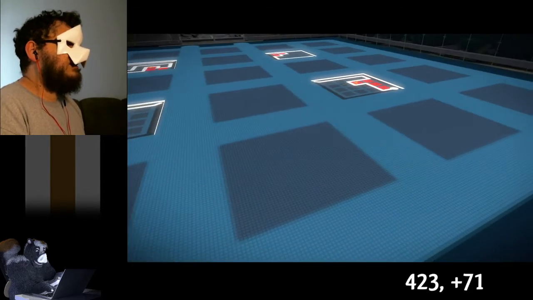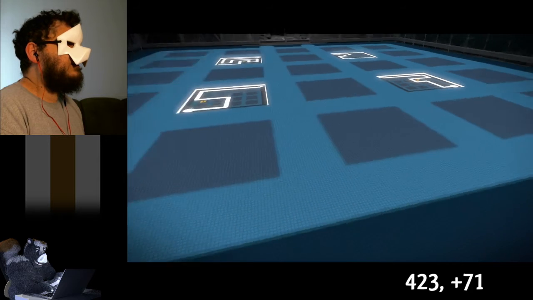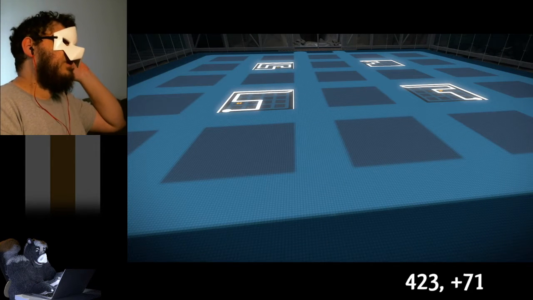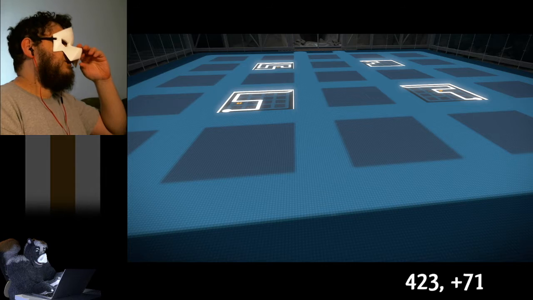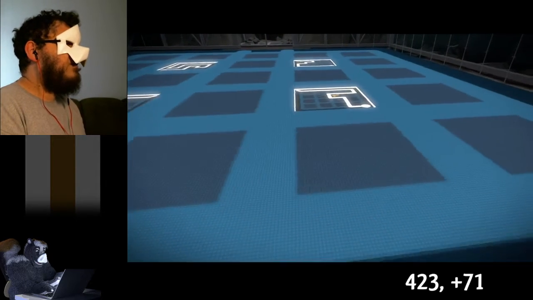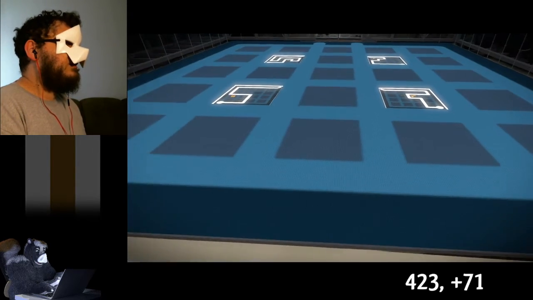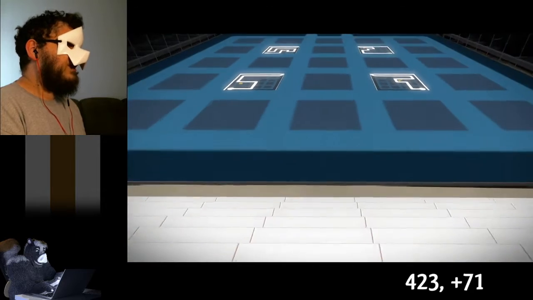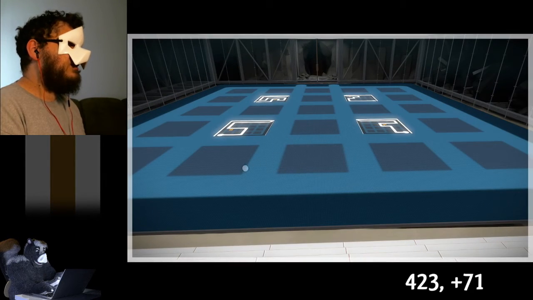So how do I get... How do I get the other ones? It also doesn't help that this is like 5 squares.